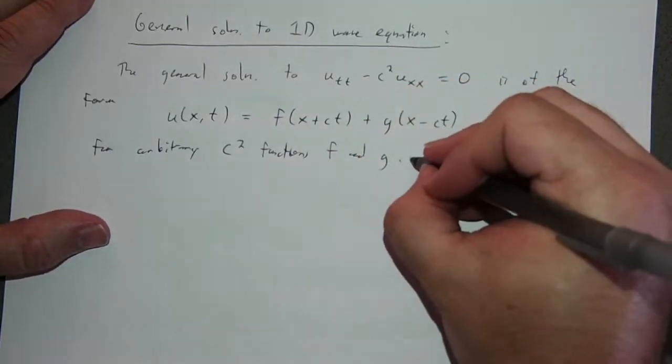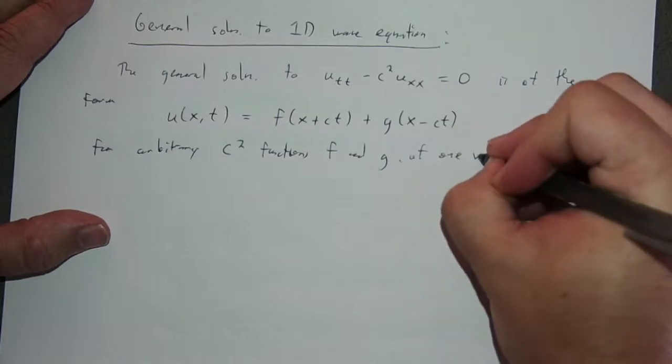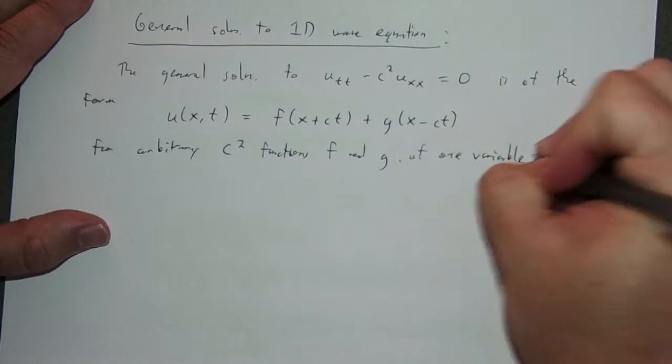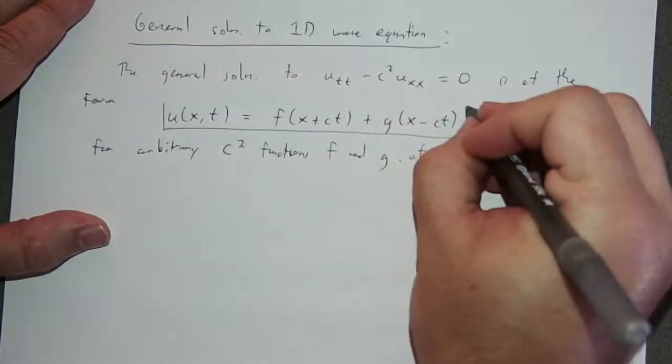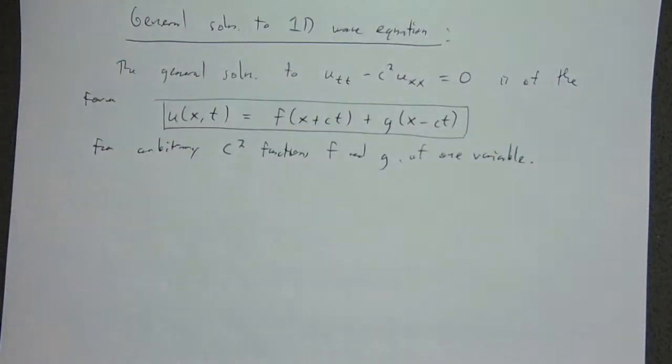Of one variable. You can check yourself that if those functions have enough regularity, so if they have two continuous derivatives, just do the check, verify using this formula and the chain rule to show that they will satisfy the wave equation.